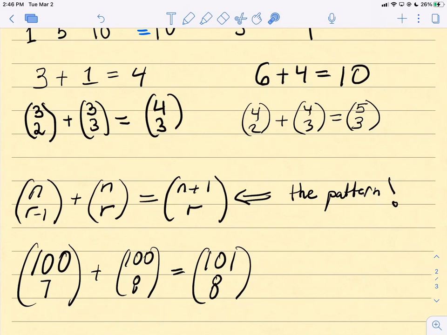Okay, let me ask you this. Using friends in a movie theater, are you comfortable with what this represents? Can you just message me or hit yes if you're comfortable? In terms of friends in movie theaters, what does 101 choose 8 represent? Anyone want to just say what it is?